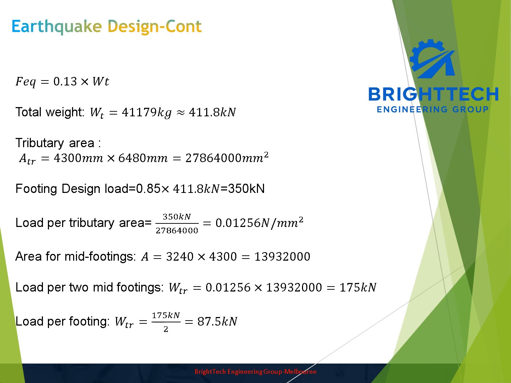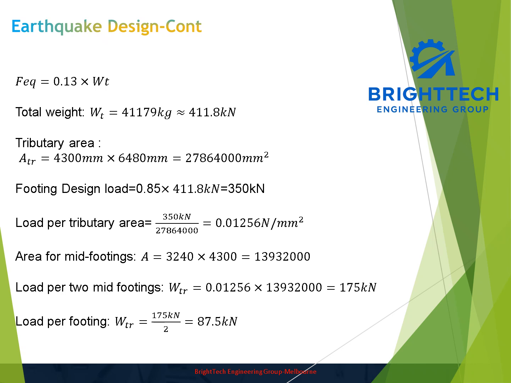The tributary area is the width multiplied by the length of the tributary area, which results in this amount in millimeter. Footing design load is 0.85. We already considered that 85% of the load would be at the location where the containers are placed.